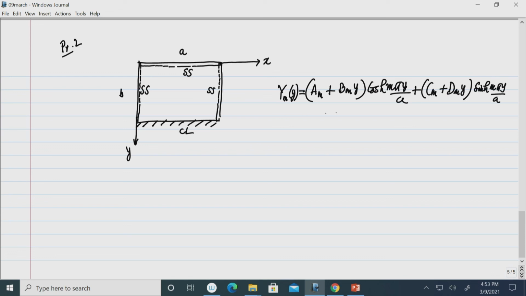So, these four constants we have to take, there is no other way, because the boundary condition is purely unsymmetrical. Now, we have to apply the boundary conditions one by one.